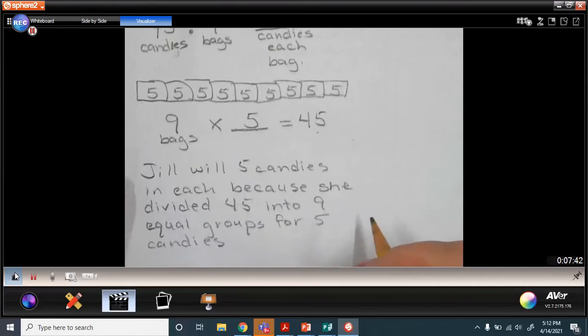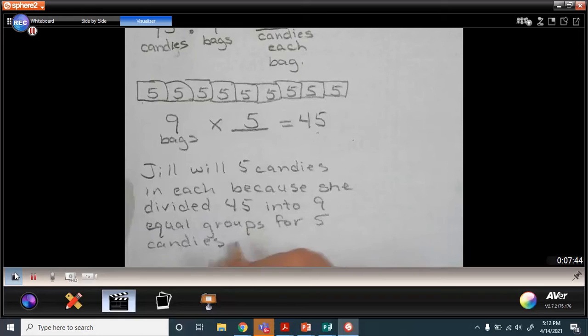Oops, sorry, I went off. 5 candies each group or bag, right? The group is the bag.